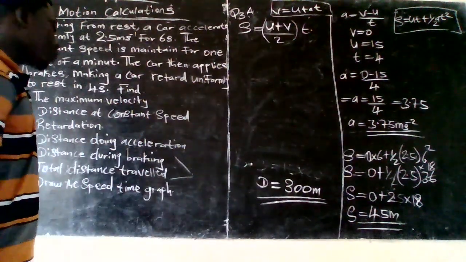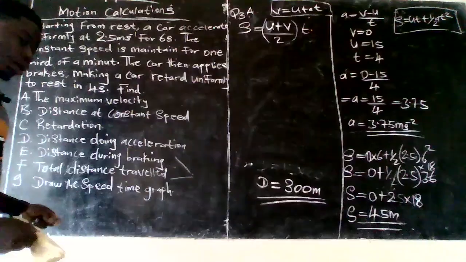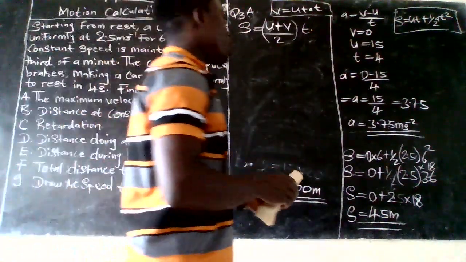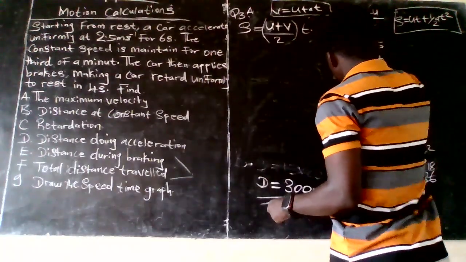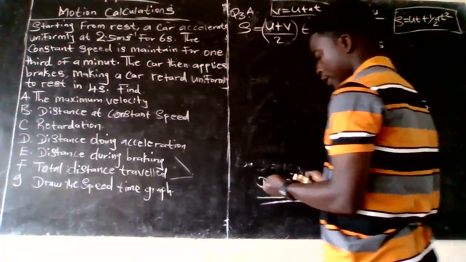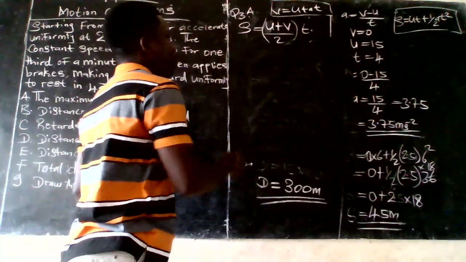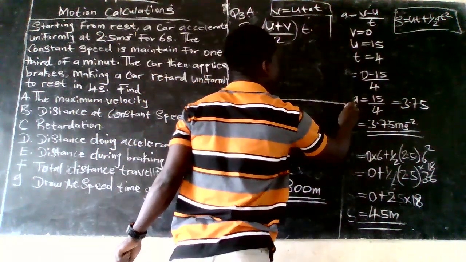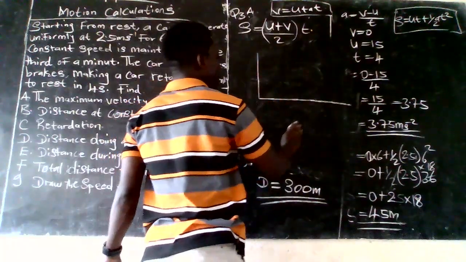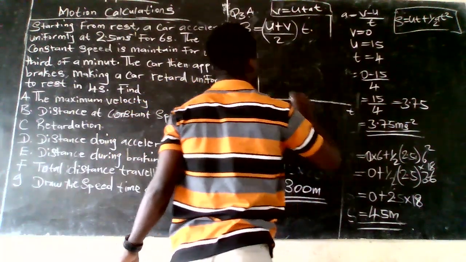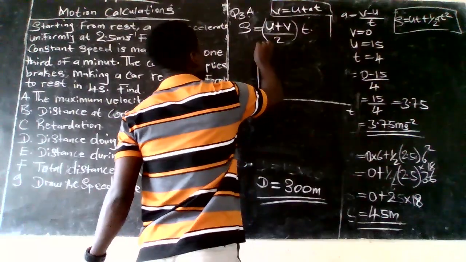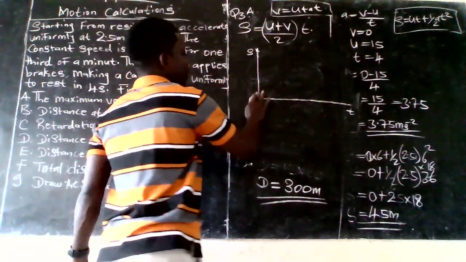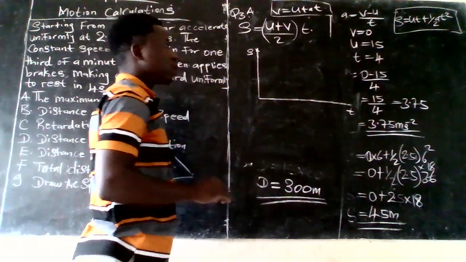So let's solve the last one, G. Draw the speed time graph. Now let's draw the speed time graph here. We have the vertical and also the horizontal axes. On the horizontal is the time, and on the vertical we have the speed, supposed to be the velocity.